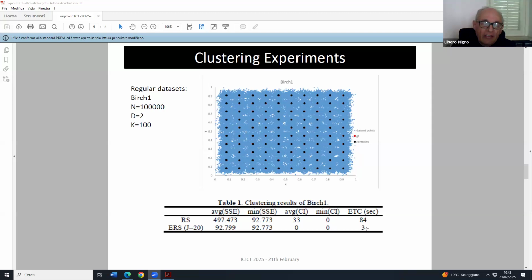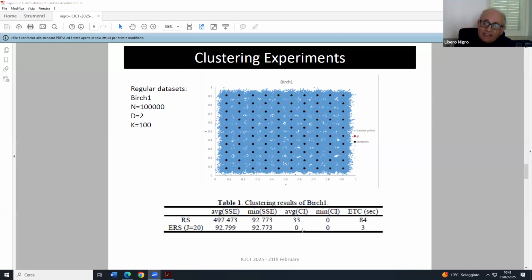With our tool, the average value of the centroid index stays at 0. But when using standard random swap, the average value is 33.